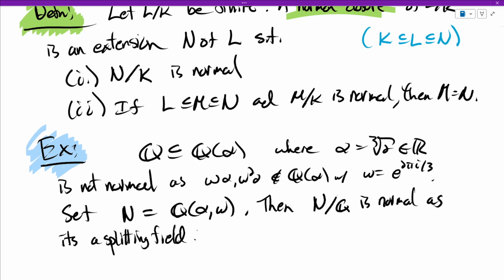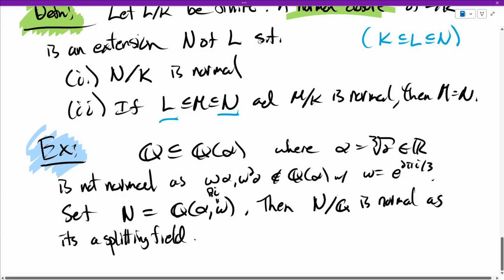We have added the smallest possible amount to get something bigger and normal. All we're really adding in with omega is the square root of 3i. So we added in just a quadratic extension. There's nothing that sits in between.